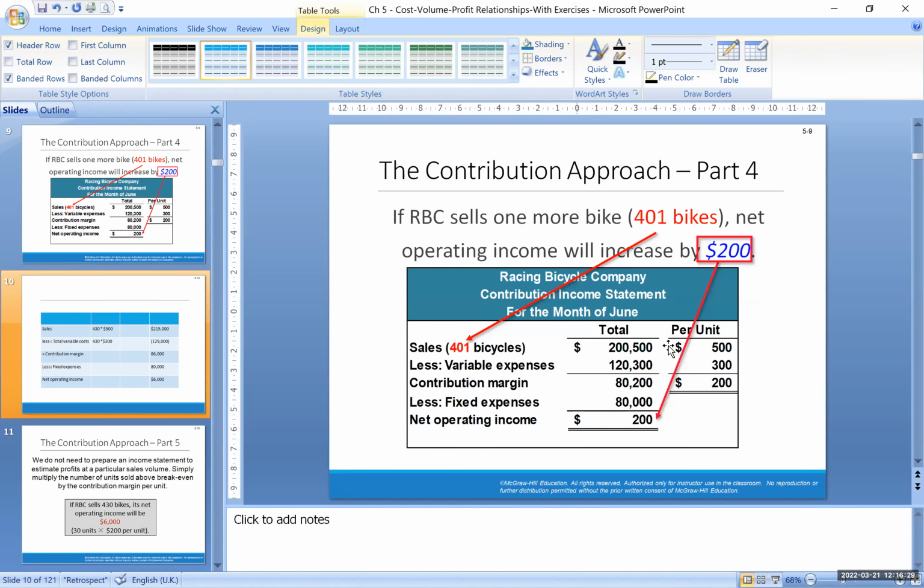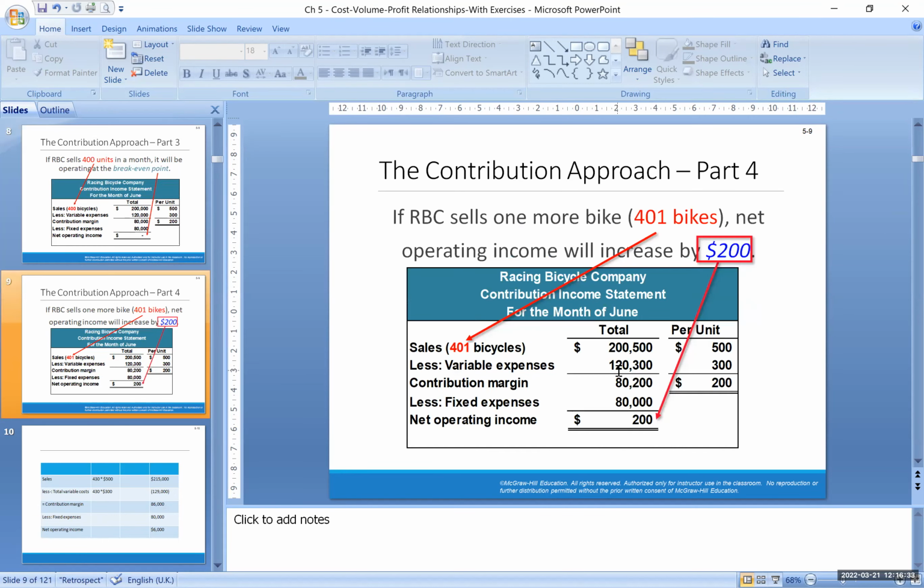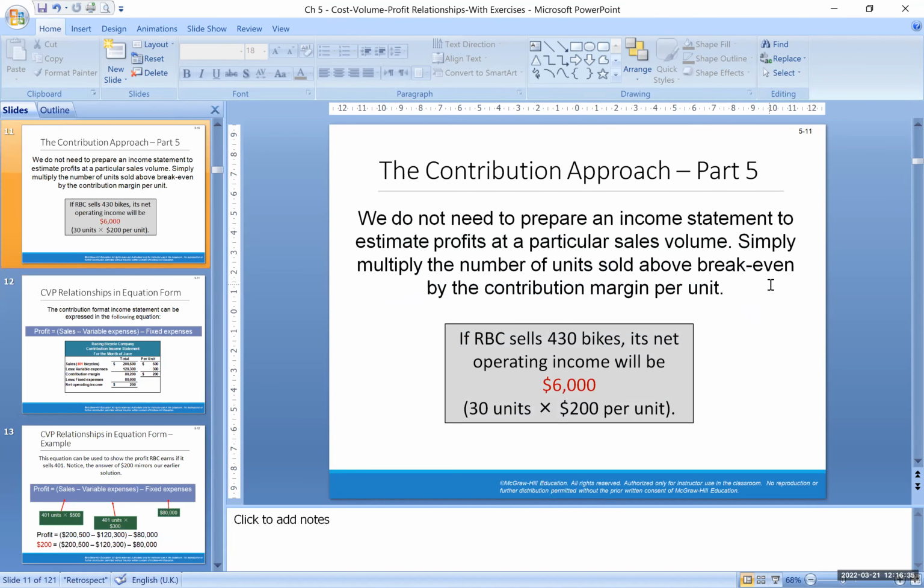Go back to how we calculate the 6,000. We said that to simplify the calculation, beyond the 400 we are recognizing a profit. So for the 30 units, each unit will contribute $200.